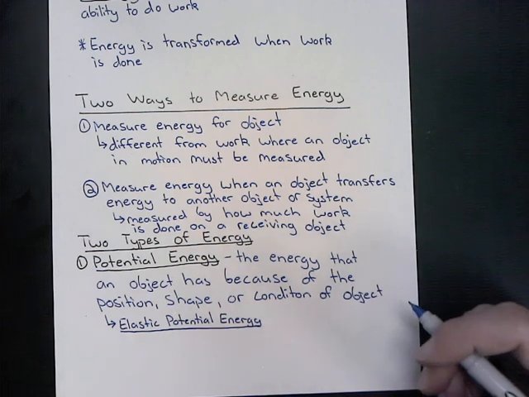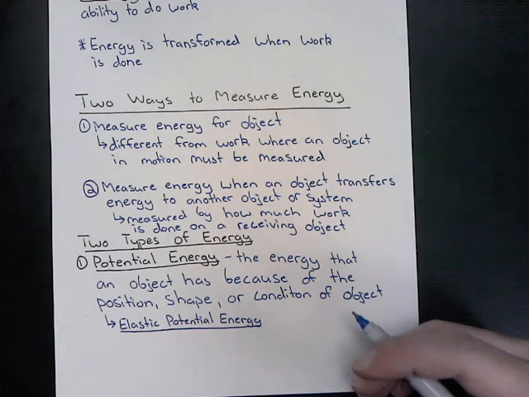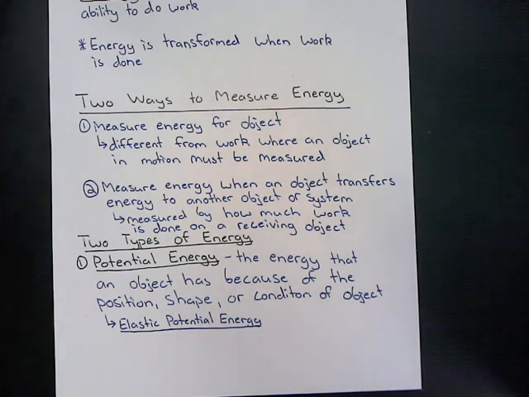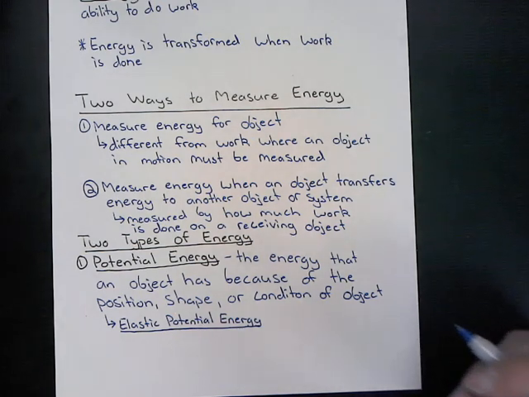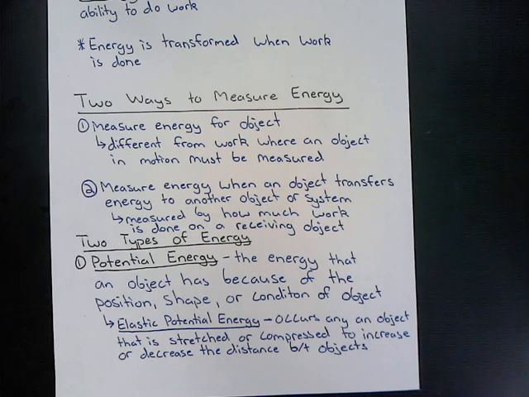Specifically, this is defined as any object that is stretched or compressed to increase or decrease the distance between its parts of the system. So I'll take a moment and write that down. All right, there is that definition of elastic potential energy. Now, this B/T is just another way to express between.